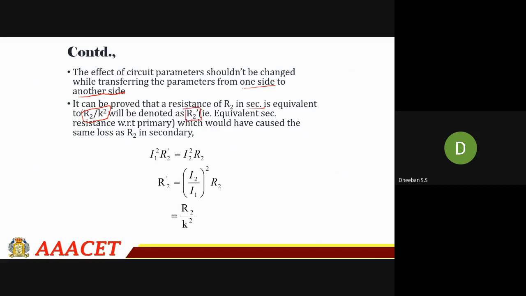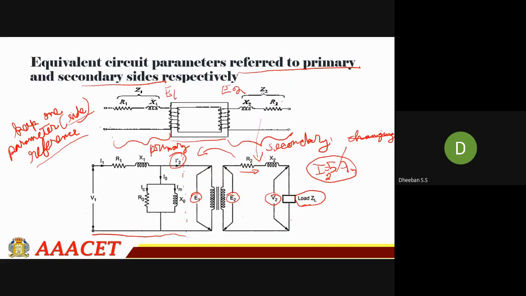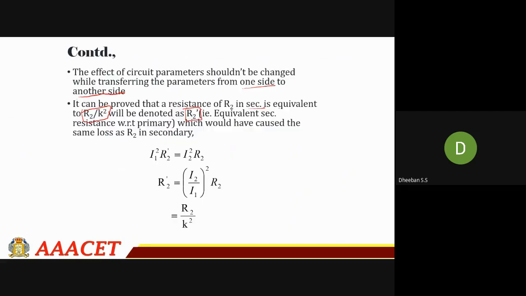So here what they are saying is that in order to bring your secondary to primary, you can make use of your transformer turns ratio K. We have seen about K already. So based upon this K, you can do it. If you are doing it with respect to K, your R2 dash will be equal to R2 by K square.